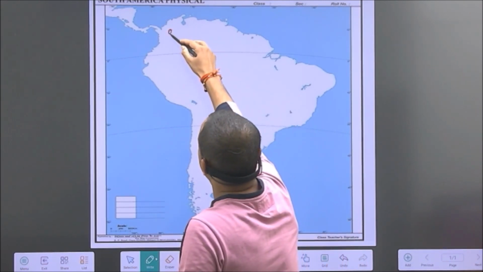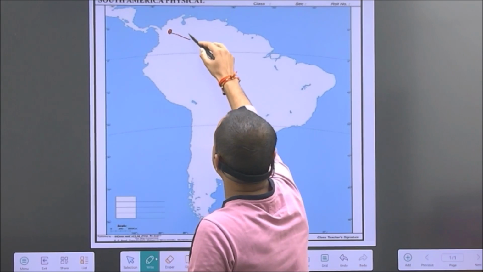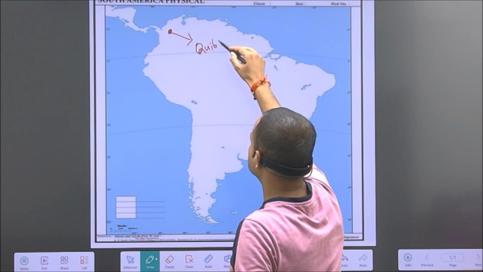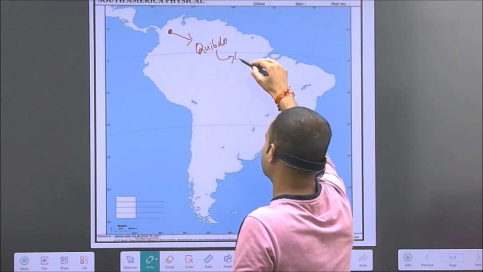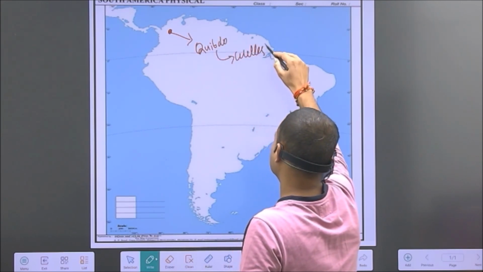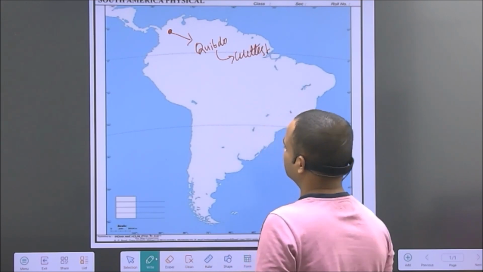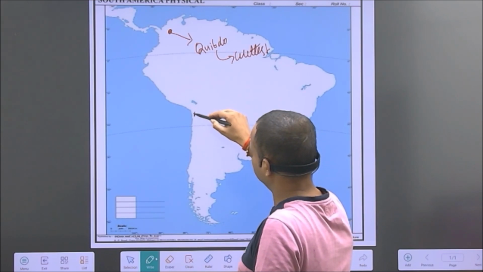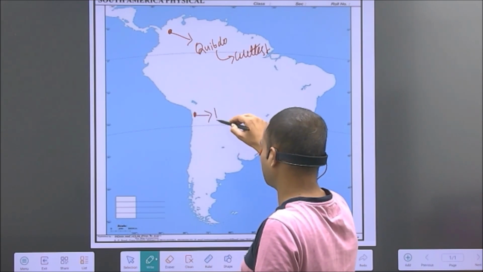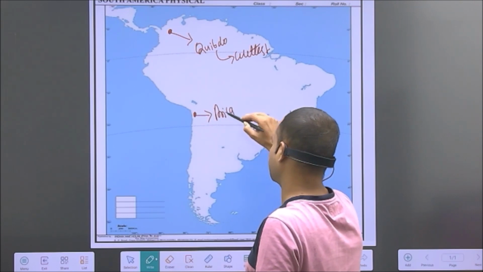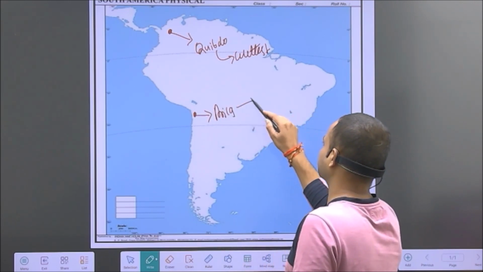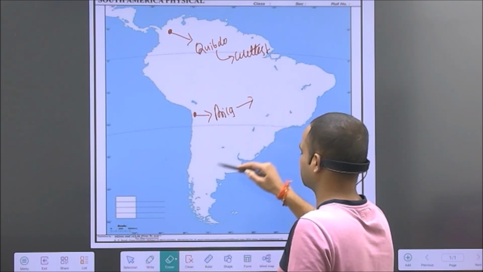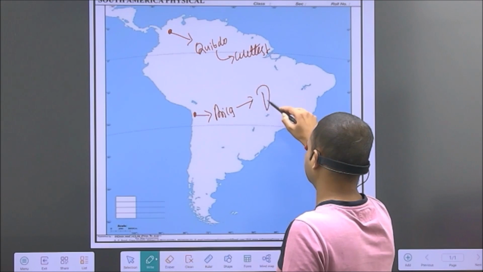So if you see Quibdo, wettest place of South America. If it is wettest, then the driest place is Arica. Arica is the driest place.